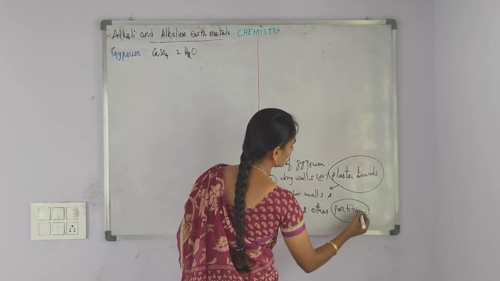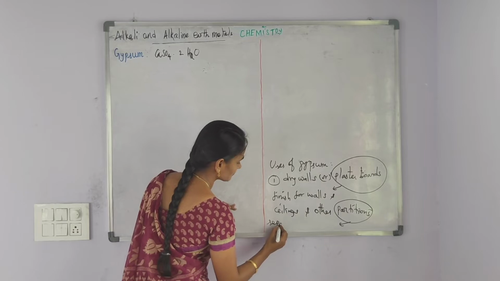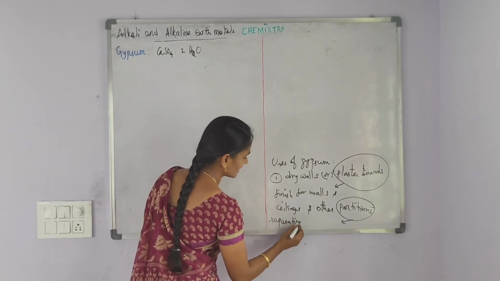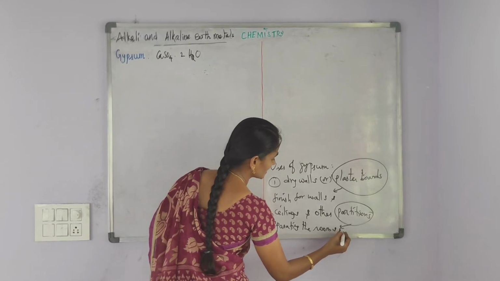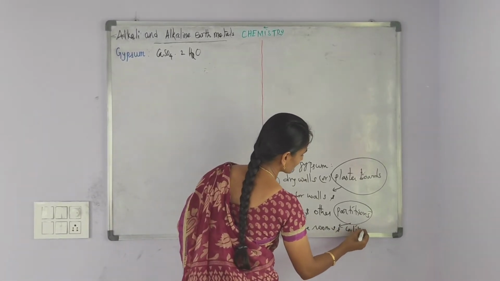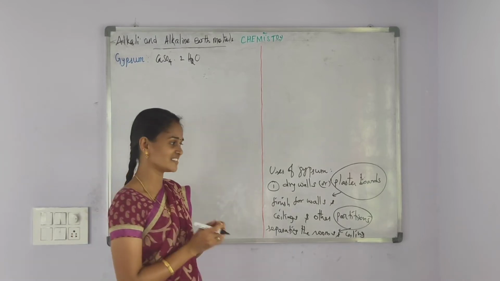Here the word partition means separating the rooms and ceilings. That is, gypsum is used to separate the rooms and ceilings.